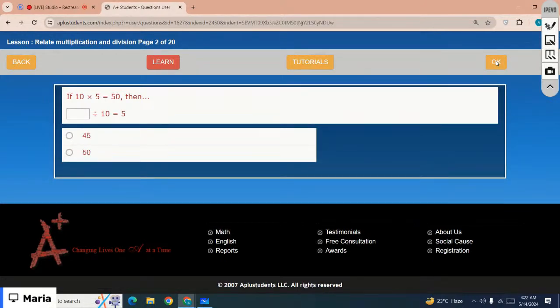Okay, 10 times 5 is 50. Then what number divided by 10 equals 5?